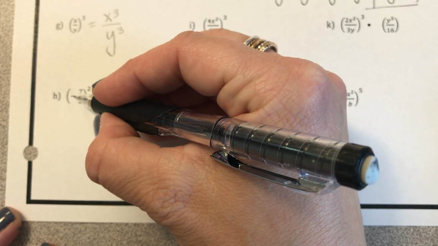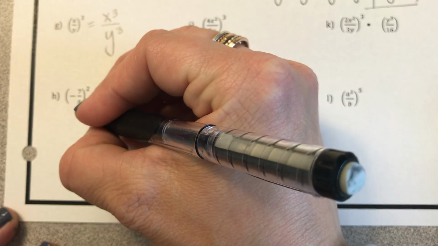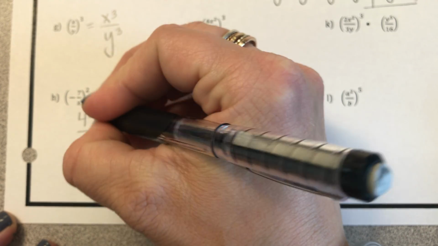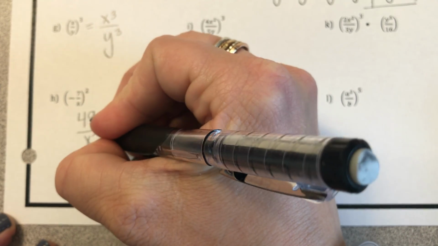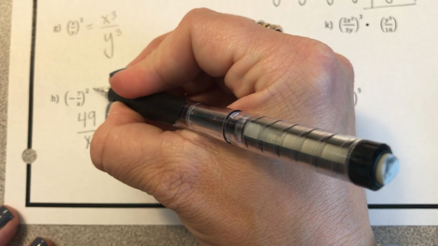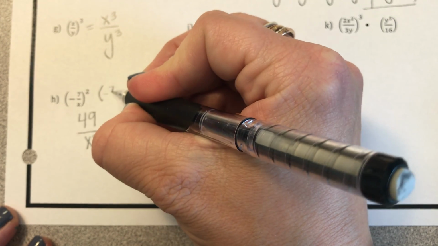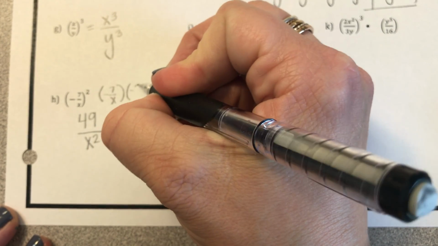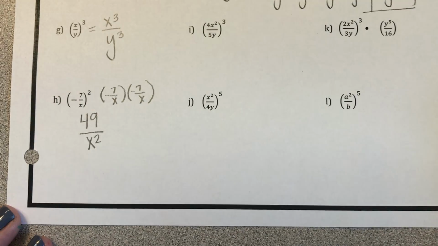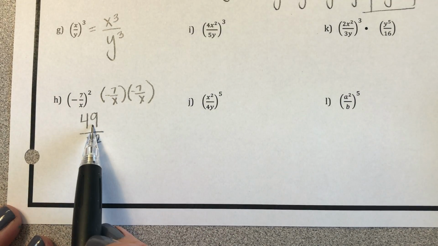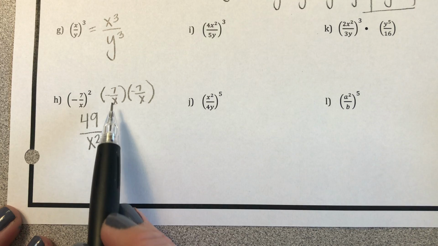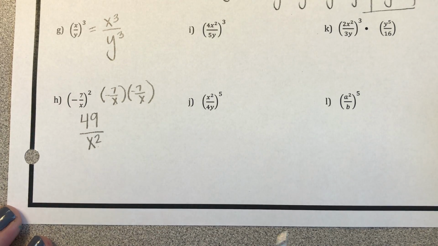So negative 7 squared is 49 over x squared. Think about what it means. It means negative 7 over x times negative 7 over x. 7 times 7 is 49. X times x is x squared. Negative times negative is positive.